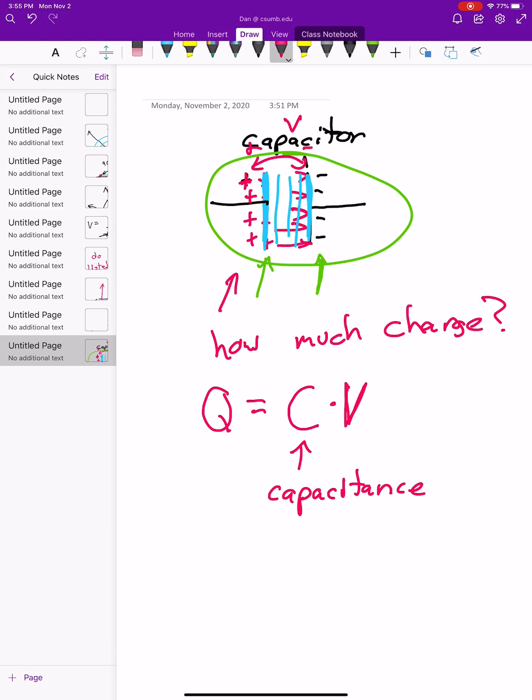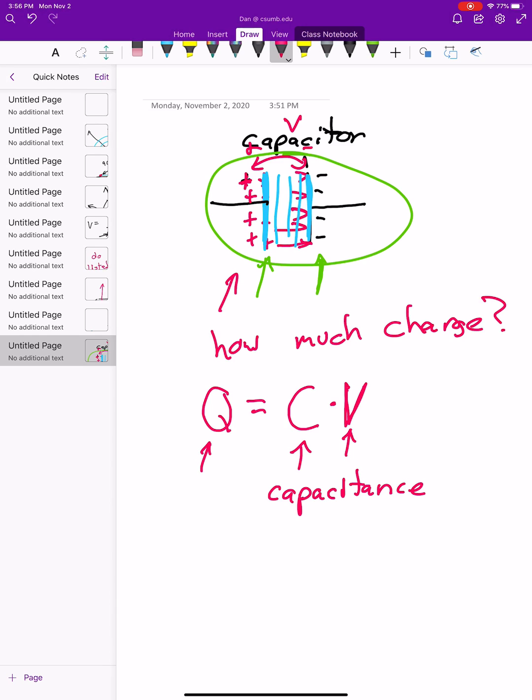Okay, so the bigger the voltage, the more charge there is on a given size capacitor. The more charge, the bigger the voltage there is on that capacitor. I remember this equation by thinking that the charge is equal to Chula Vista. It's a city in Southern California that some of you might know. So that's how I think about this equation.